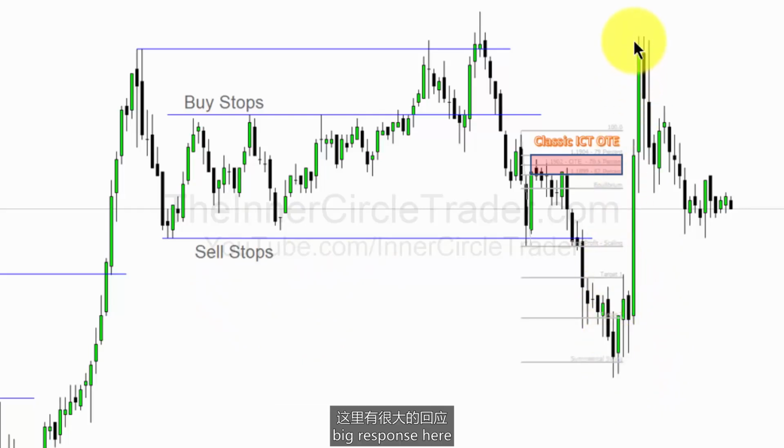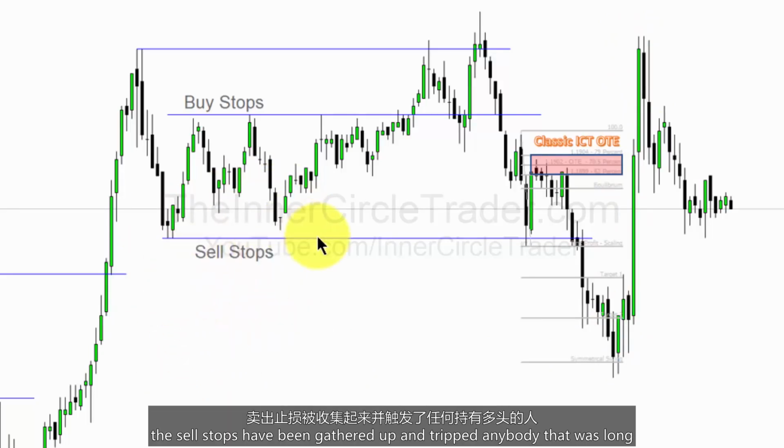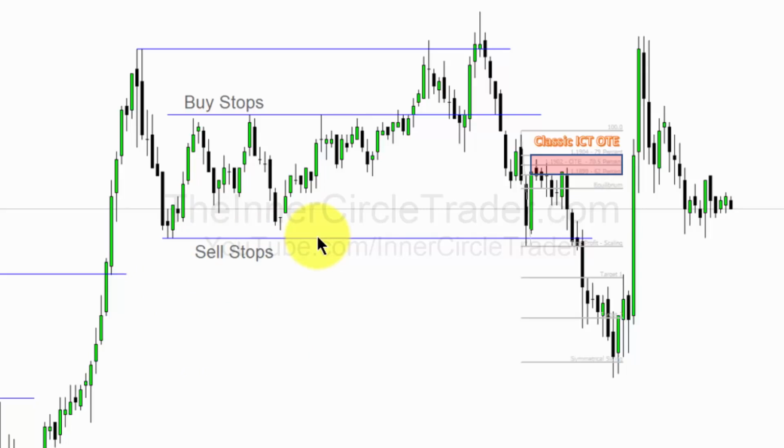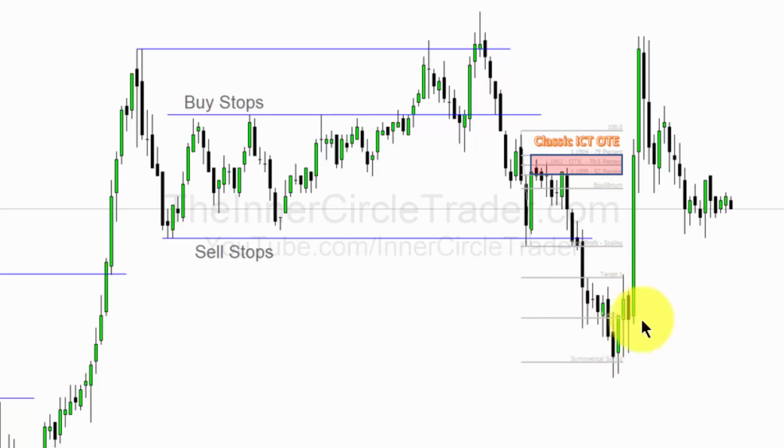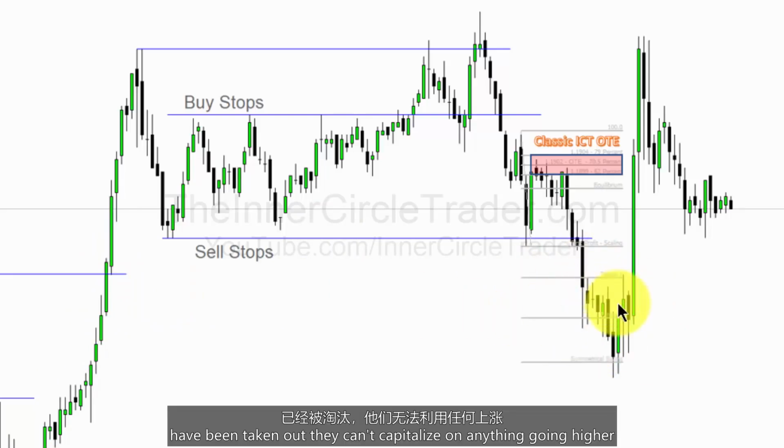This big response here is post sell stop raid. In other words, after the sell stops have been gathered up and tripped, anybody that was long has been knocked out. So if they bought here or somewhere in this run up here, okay, they have been taken out. They can't capitalize on anything going higher.